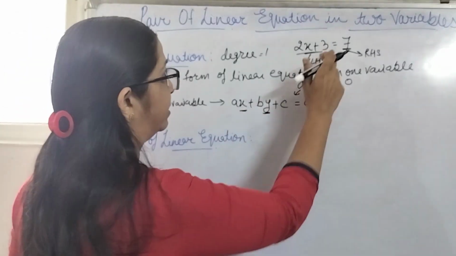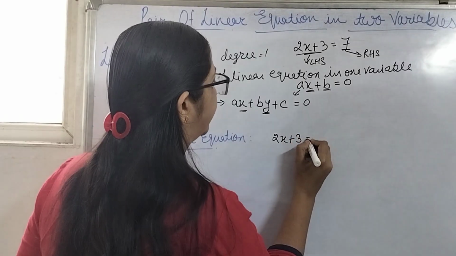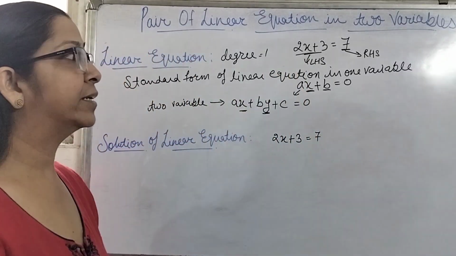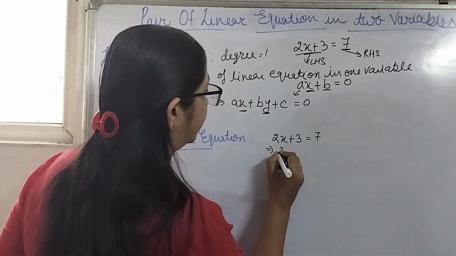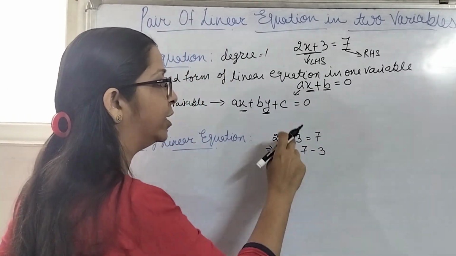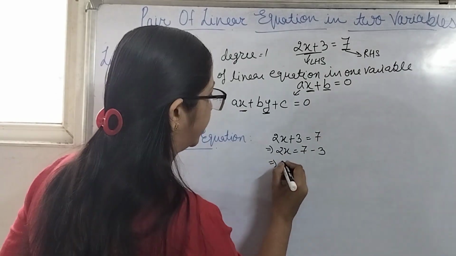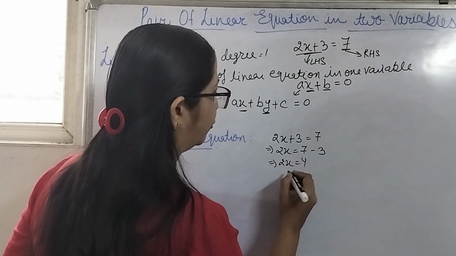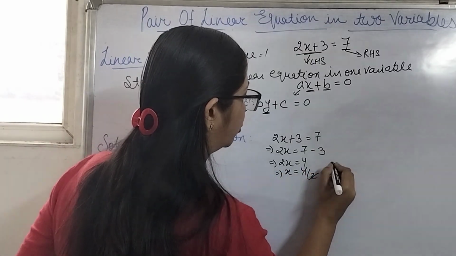Suppose I take this example: 2x plus 3 equals 7, a linear equation in one variable. To solve it, 2x will be 7 minus 3, since the positive 3 becomes negative when it changes sides. So 2x equals 4, or x equals 4 by 2, that is 2.